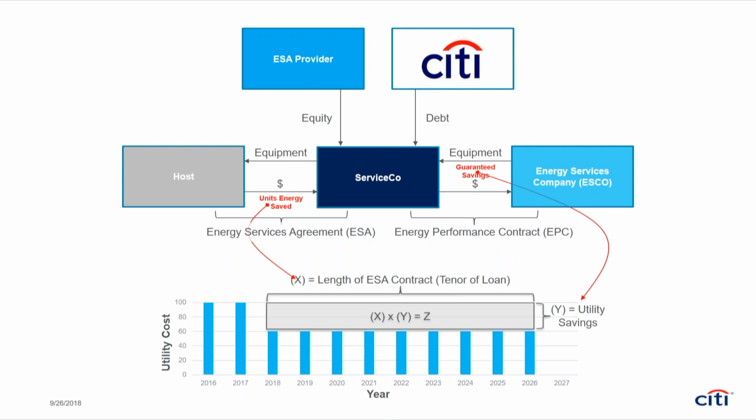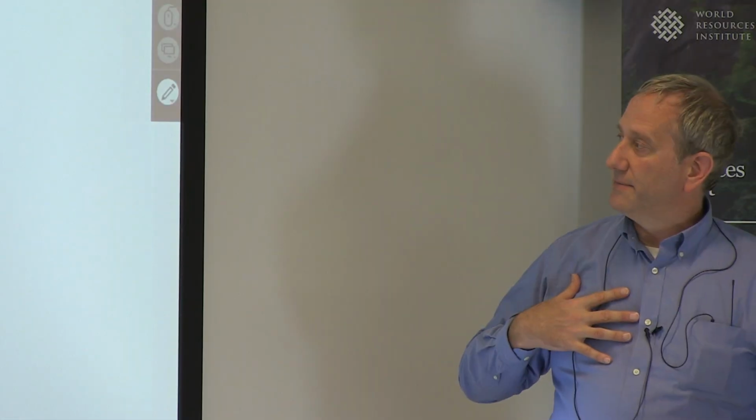If the energy services company performs as guaranteed, the host is obligated to pay. So in that instance, if the host decides not to pay me, I'm exposed to the host. And that's why the credit quality of the host is very important to me.